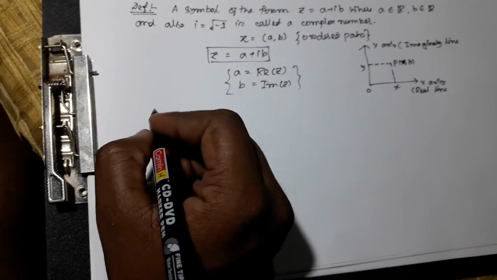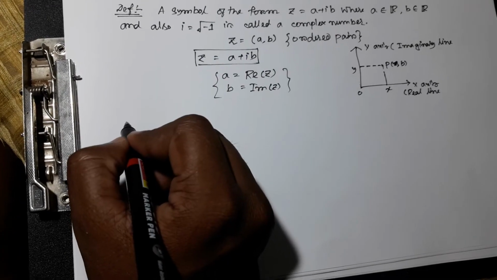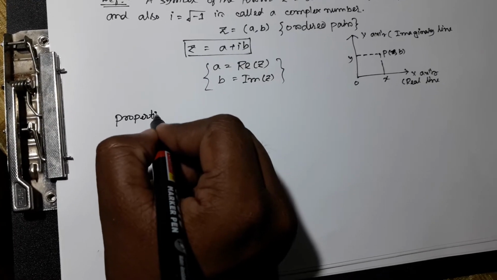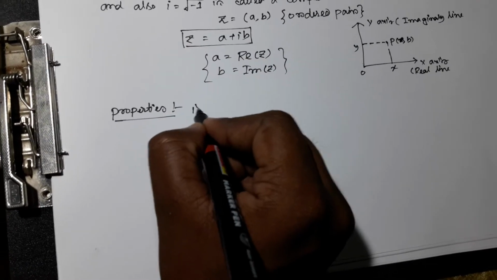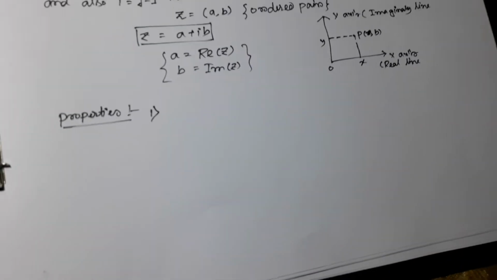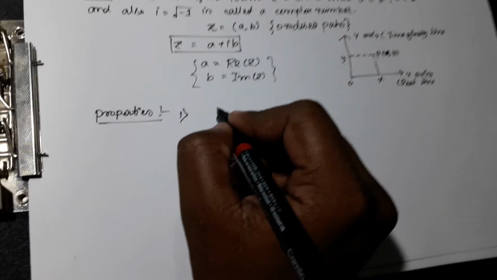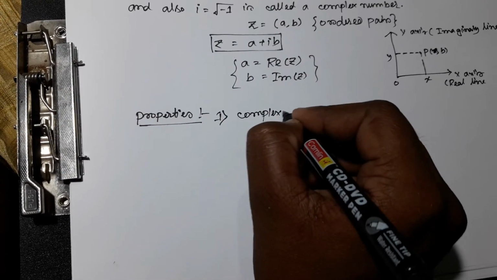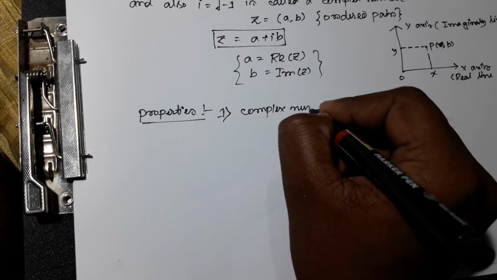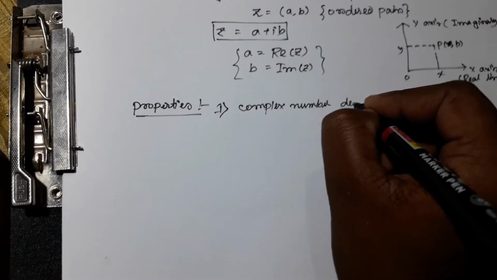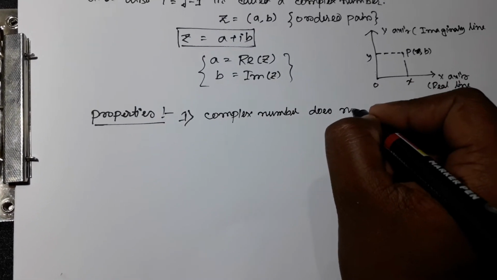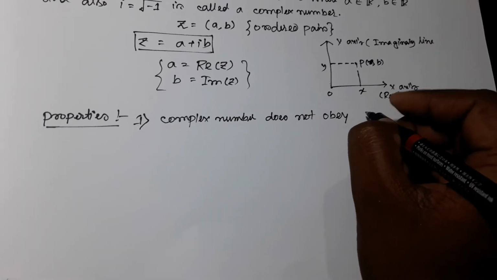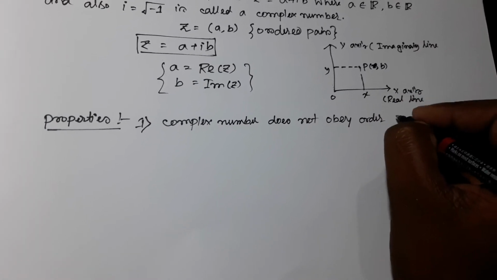Now we are discussing the properties. Number 1, complex number does not obey the order property.